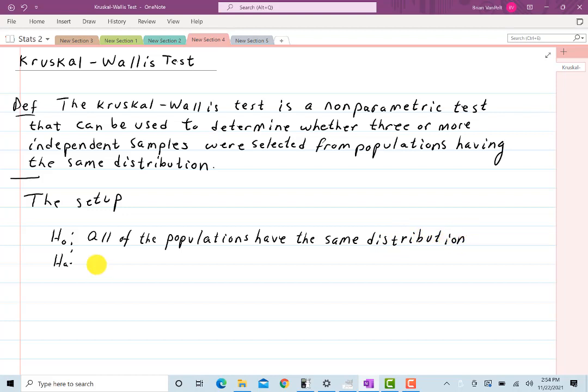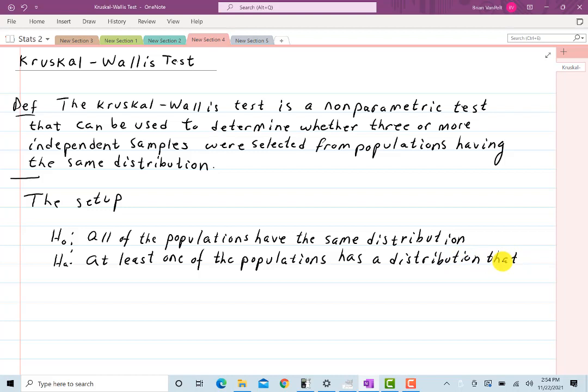Or H sub A, at least one of the populations has a distribution that is different from the others.